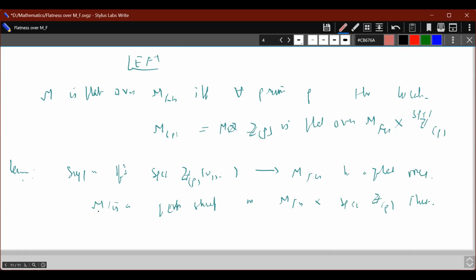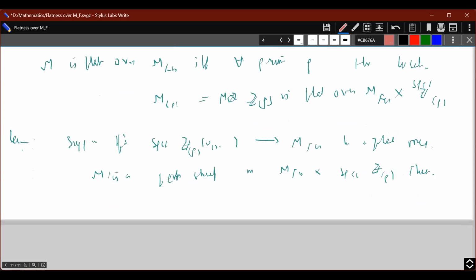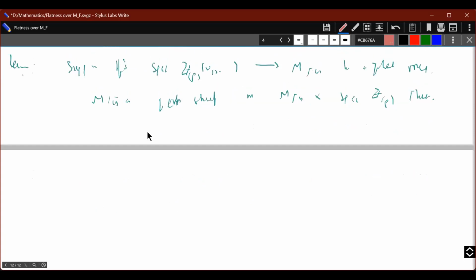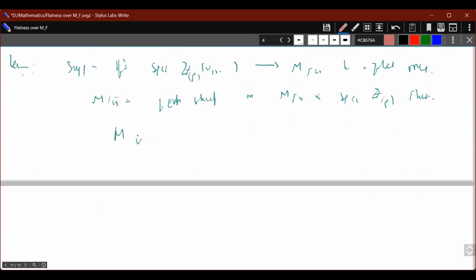Then M is flat over the target if and only if F star M is flat.